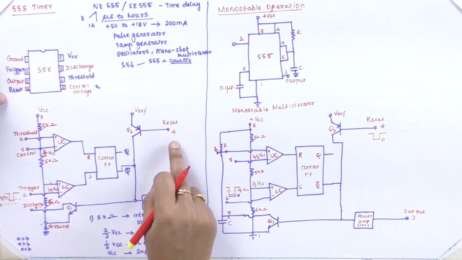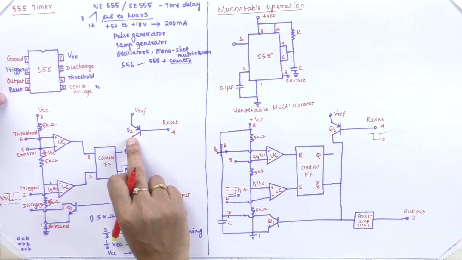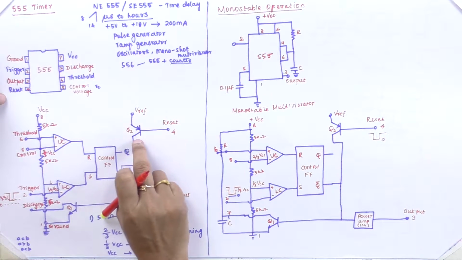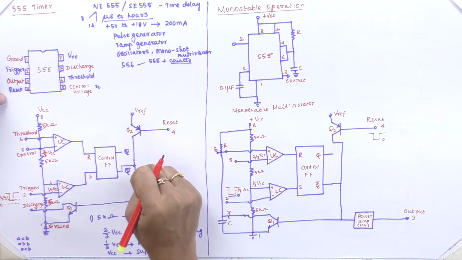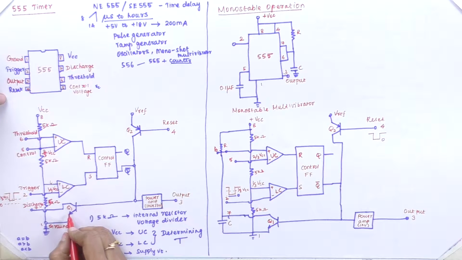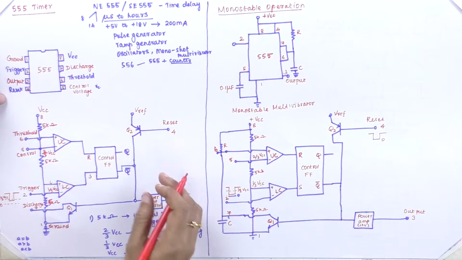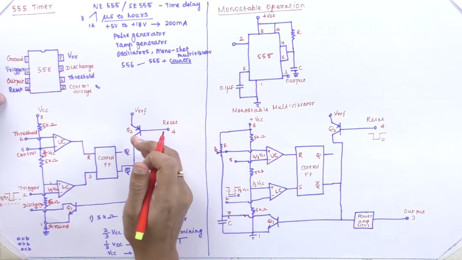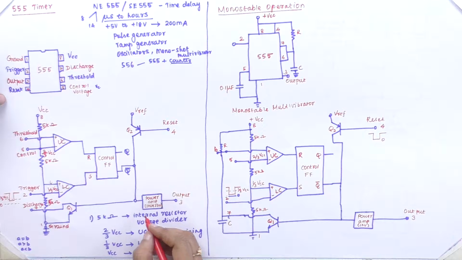Then the 4th pin is a reset connection that is connected to the transistor Q2. This transistor Q2 has inbuilt reference voltages, and the output is given to the input of transistor Q1 and to the power amplifier. Whatever output is produced is inverted using that power amplifier, and it is processed to the output at pin 3.